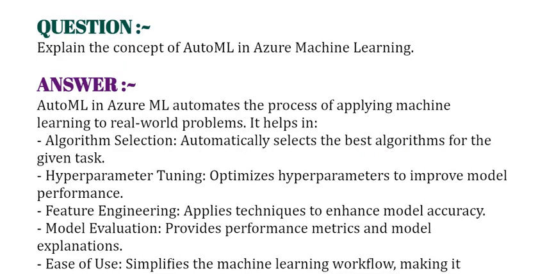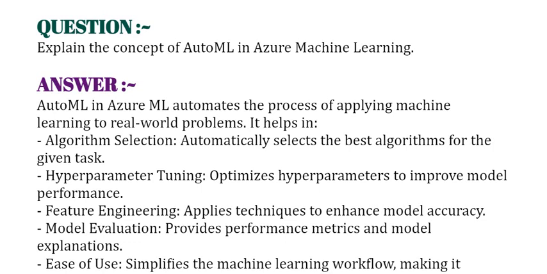Our next question is, explain the concept of AutoML in Azure Machine Learning. Your answer should be, AutoML in Azure ML automates the process of applying machine learning to real-world problems. It helps in algorithm selection, automatically selecting the best algorithm for the given task.